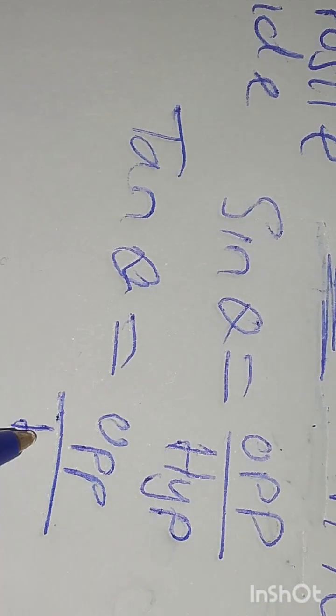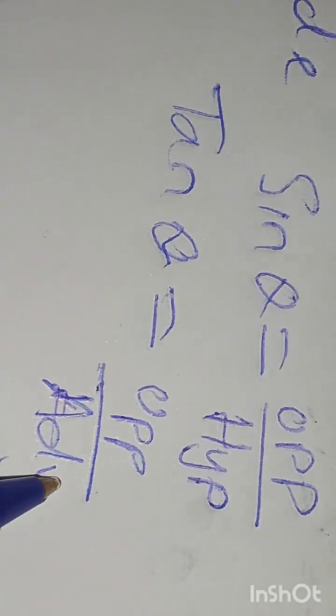We also have tan. T means tan theta, which is given by O, opposite, over A, adjacent.